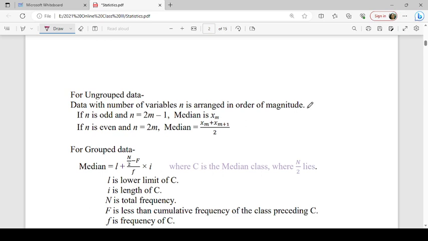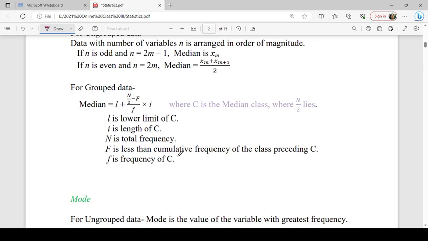We arrange in ascending order, suppose 3, 6, 9, 11, 15 and so on. So if n is 7, we take the fourth one, and if n is even, say 8, then we add the fourth and fifth values and divide by 2, that is the median. And for grouped data, this is the formula.